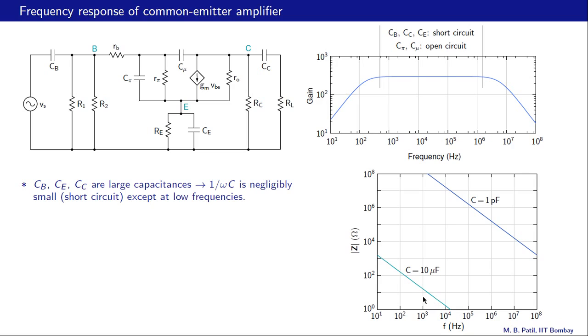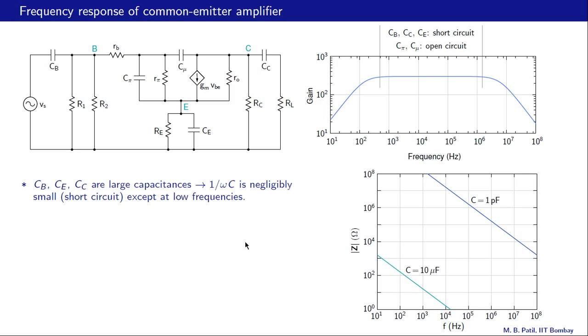So as we see, 1 over omega c for this case is very small. This is 1 ohm, this is 100 ohms. So it is 1 ohm or smaller in this frequency range, and it starts becoming appreciable only when frequencies are low, let's say 1 kilohertz or lower.